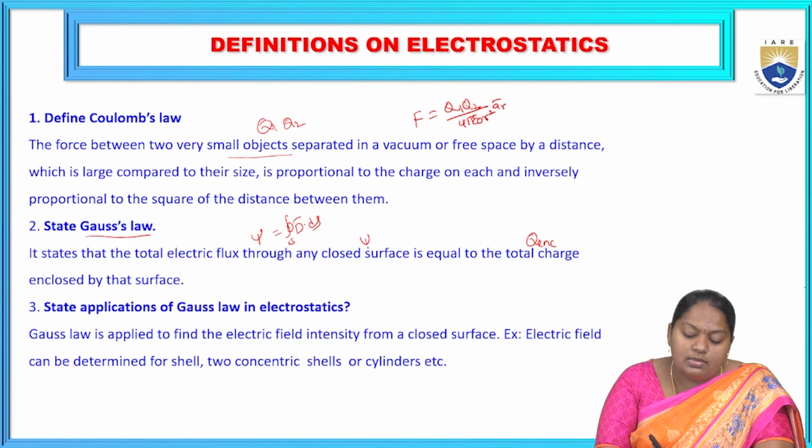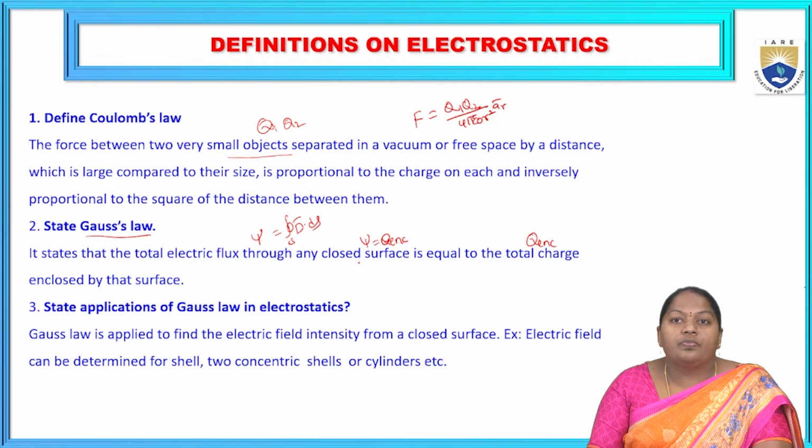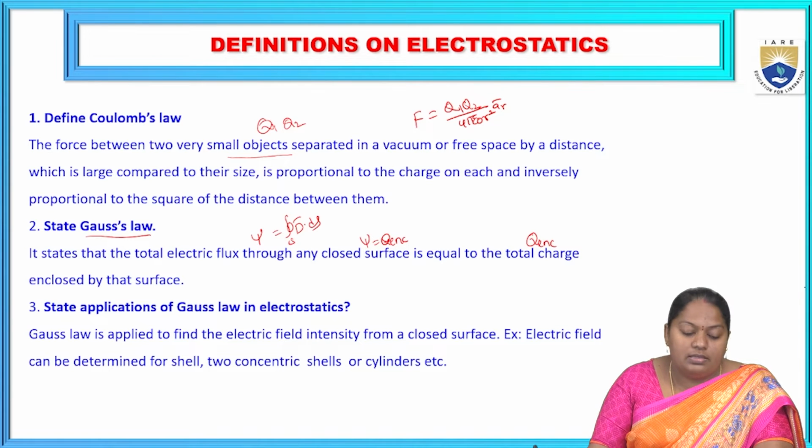So, psi is equal to Q enclosed is given by Gauss's law, where psi is the flux through any closed surface, and it is the same as the total charge enclosed by that surface. The charge enclosed is given by the integral over the volume of the charge; if you close that surface, then it becomes a volume, and this gives us the integral over V of rho V dV.